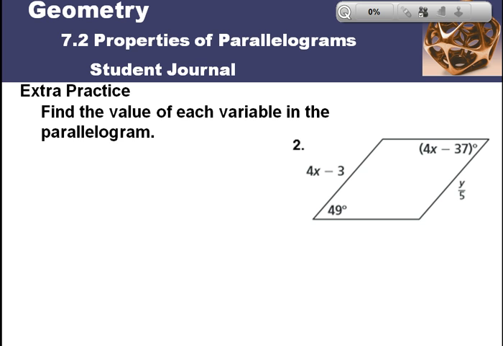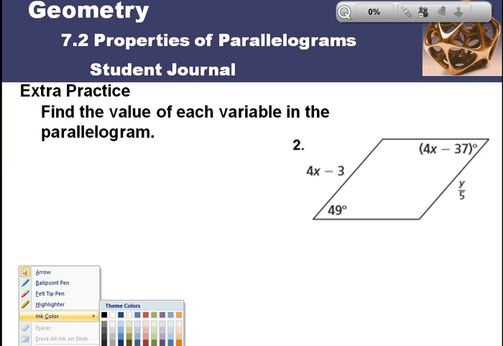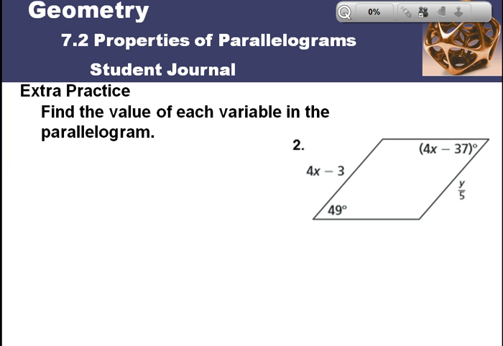Well, this says 4x minus 37. And again, this angle right here is opposite this angle here, opposite angle 49. So we learned that angles that are opposite from each other are equal. So I can say that, let me get a pen, switch the color, I kind of like the red, so I'm going to go back to the red.